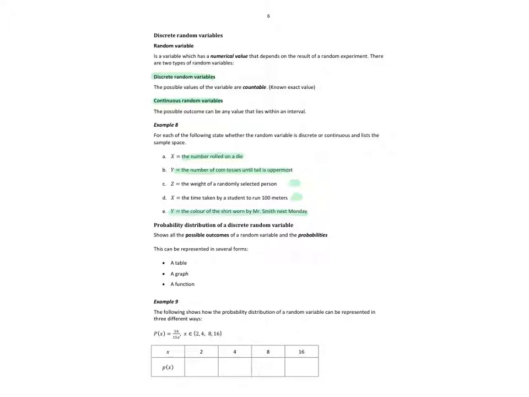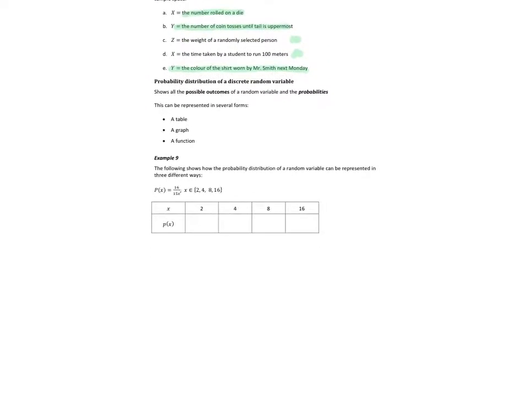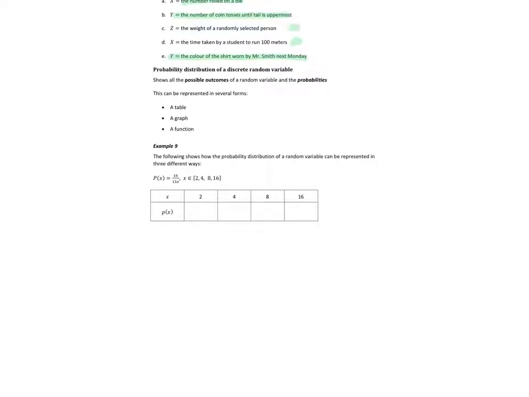Now, we can represent this data in a couple of ways. We could represent it as a table, as a graph, or as a function. So let's consider this particular example here. The probability distribution of a random variable could be anything. This is a probability of something happening. So let's consider if x is equal to 2, that means the probability that x is equal to 2, we just substitute into that rule, 16 over 15 times 2, which is 16 over 30.